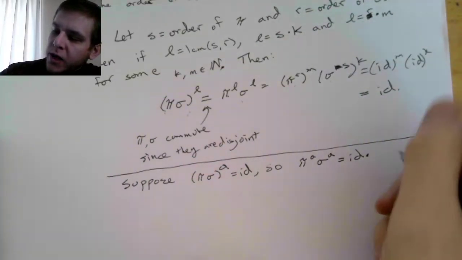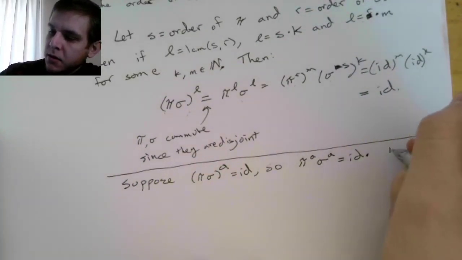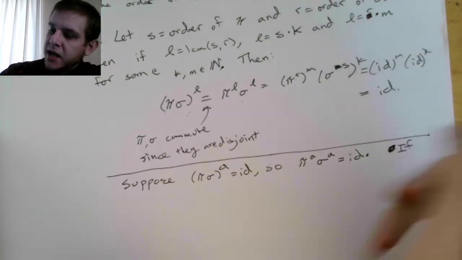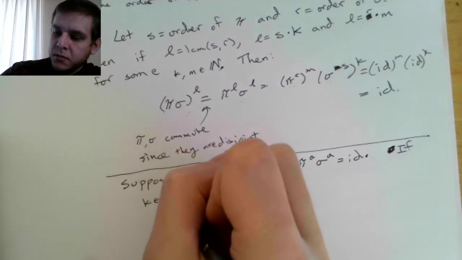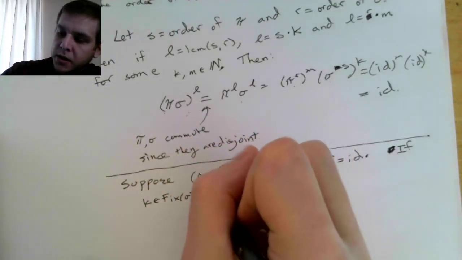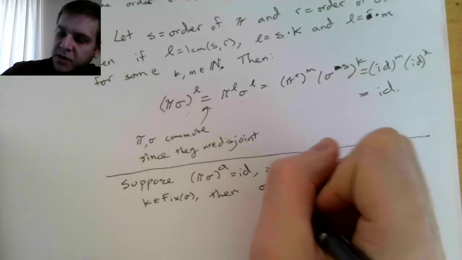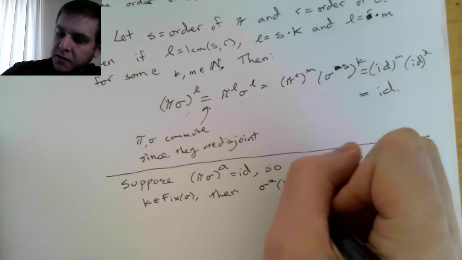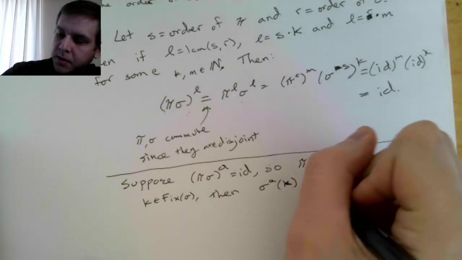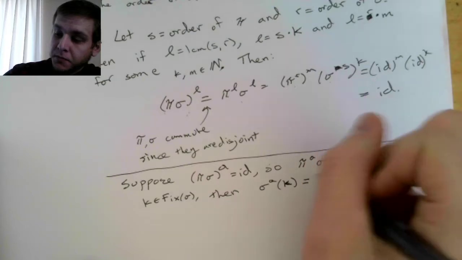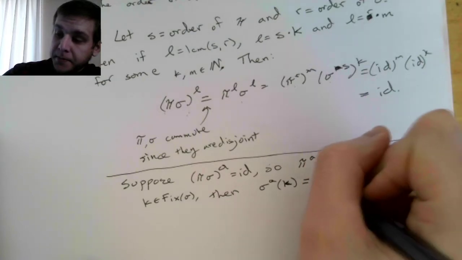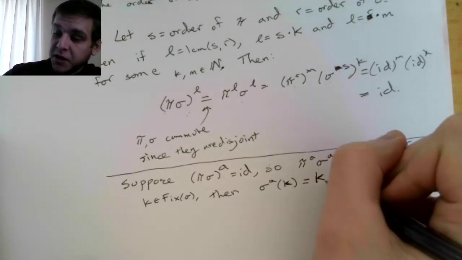But now look at what happens. If K is fixed by sigma, then sigma to the A of K is K, right? Sigma just keeps fixing it over and over again.